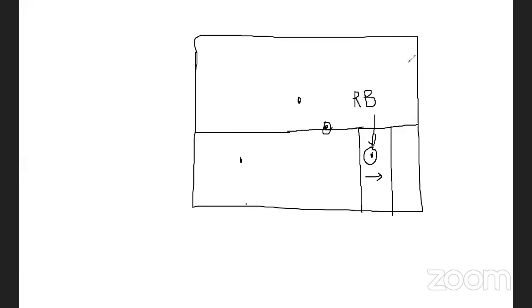If you have observed this, RB is just the first point whose y coordinate is less than the y coordinate of our pivot, right? You can write in the chat if you didn't get that.